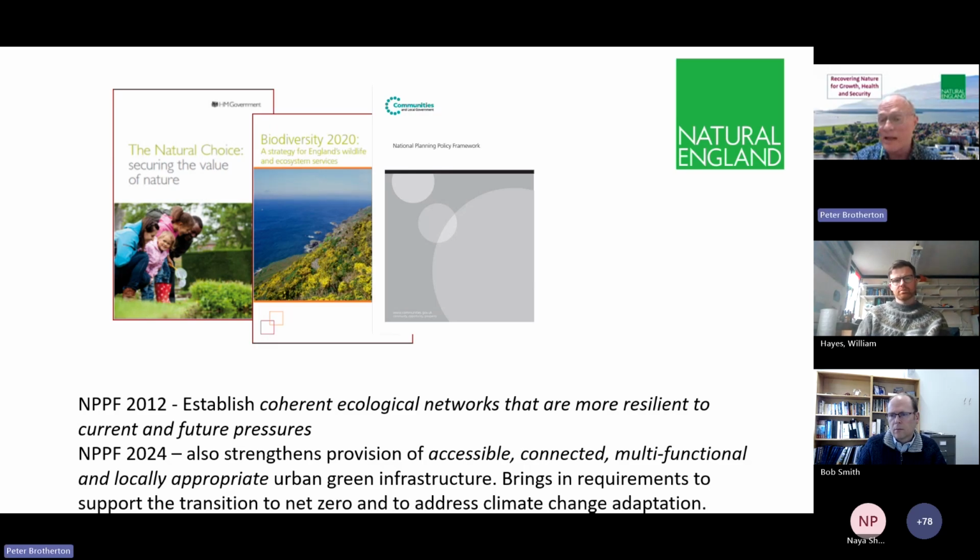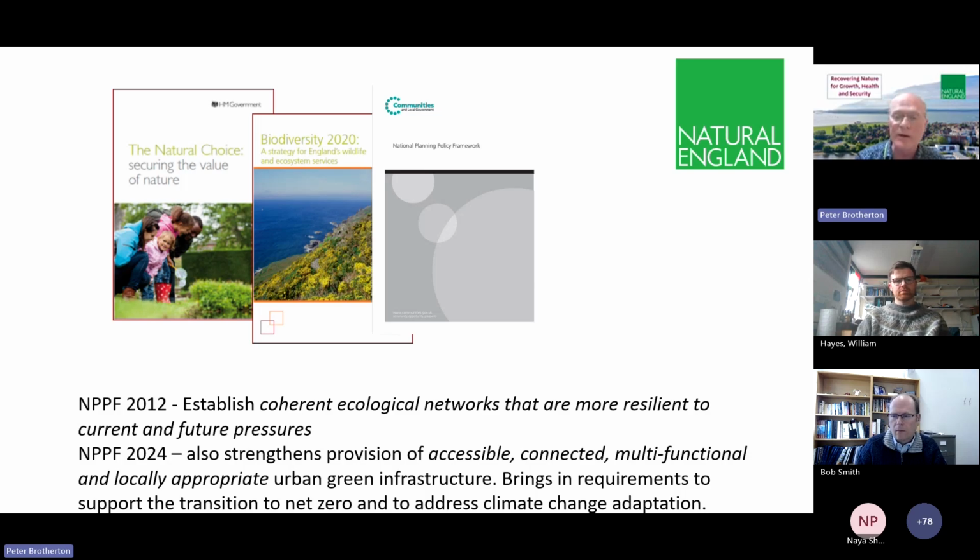We also then see that carried forward into NPPF 2024, which goes beyond that. It reinforces the need to plan well for ecological networks and to protect ecological networks where they exist and ecological network components. It also begins to talk a lot more in public policy around the importance of accessible, connected and multifunctional and locally appropriate urban green infrastructure.